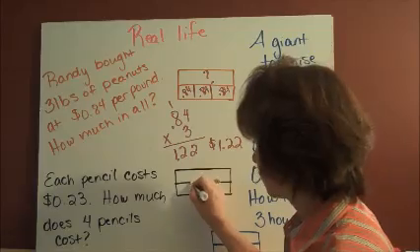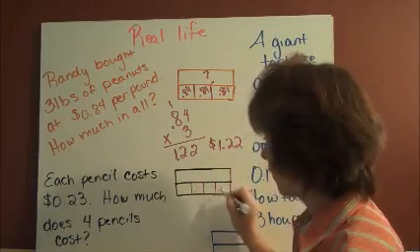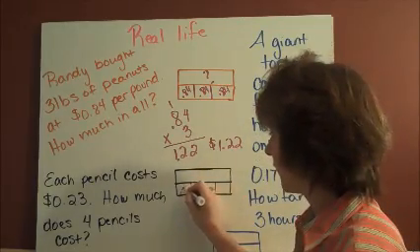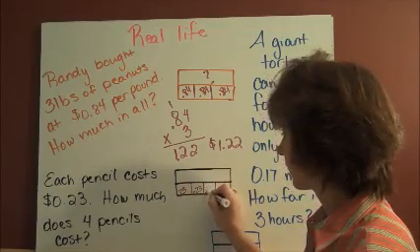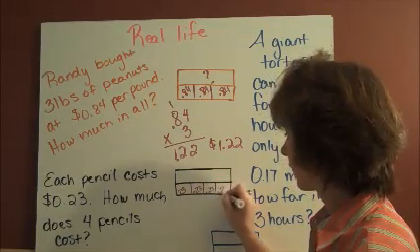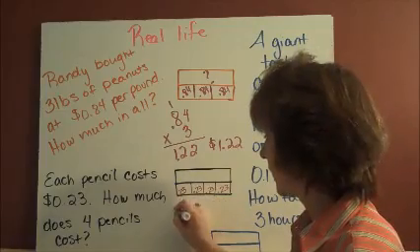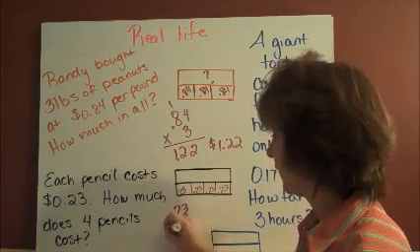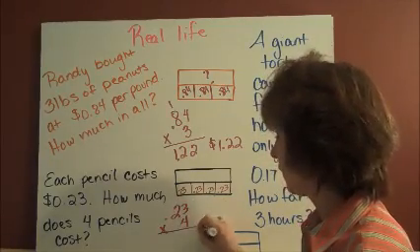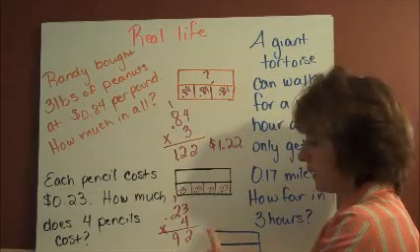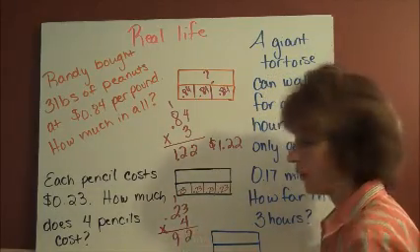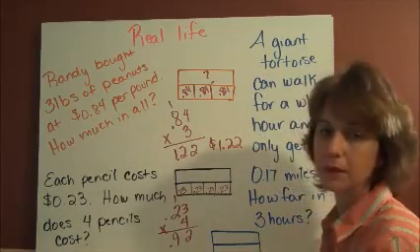Well, let's show 4 pencils, and each of them are 23 cents. So that means that I need to figure out 23 times 4. 23 cents times 4 equals 92 cents.